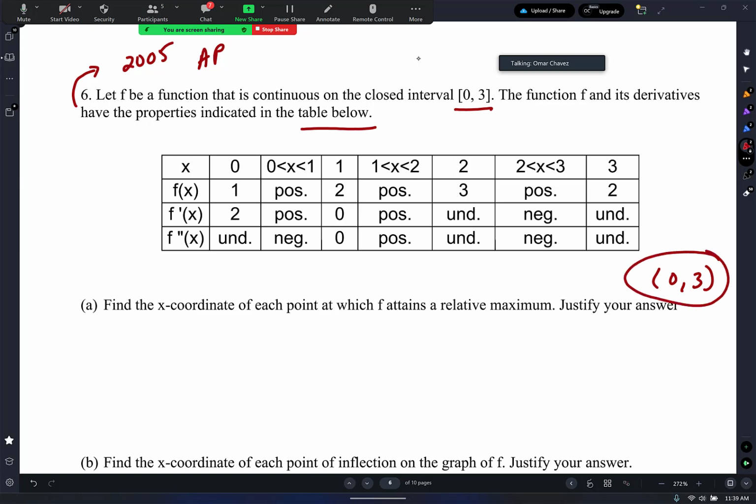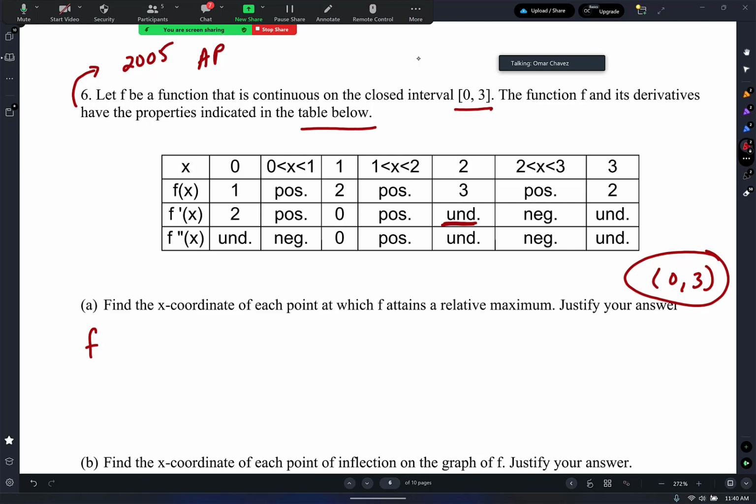I have a max whenever f prime changes from what to what? Positive to negative. So is there a location where I do that? At x equals 2. It's okay if it's undefined. That's a critical number, guys: 0 or undefined. So I'm going to write f. Notice that I didn't say f of x. It just says f. That's fine. You can say f or f of x.